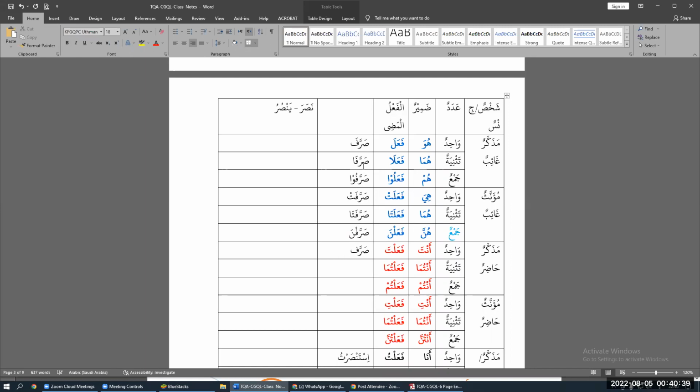Then sarrafta, sarraftuma, sarraftum, sarrafti, sarraftuma, sarraftunna.